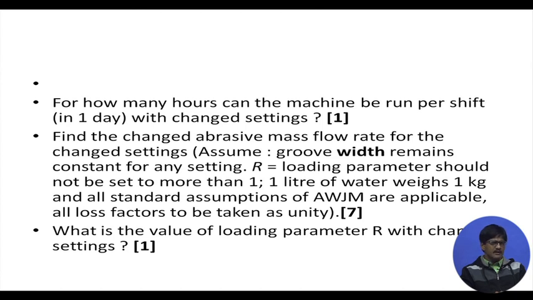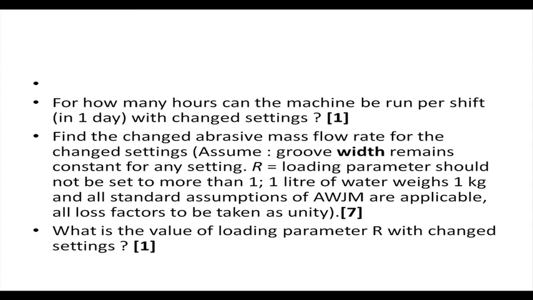Now, are we changing R? Yes. If water mass flow rate is not changing, but the abrasive mass flow rate is changing, R has to change. And 1 liter of water weighs 1 kg, and all standard assumptions of abrasive water jet machining are applicable, and all loss factors to be taken as unity. So, let us proceed on to solve the problem.